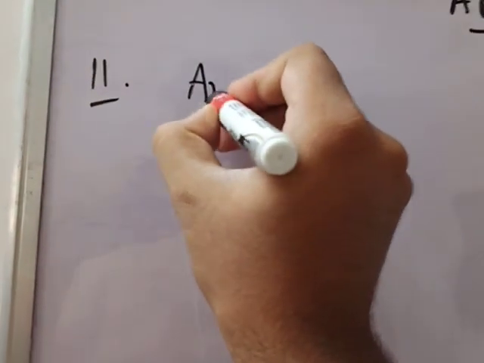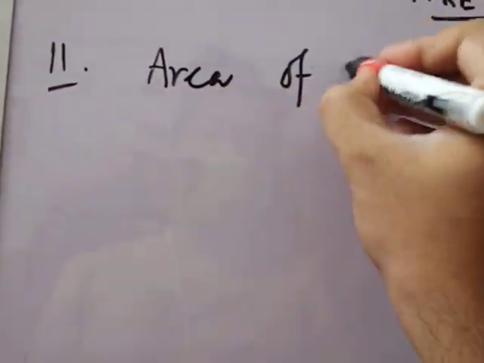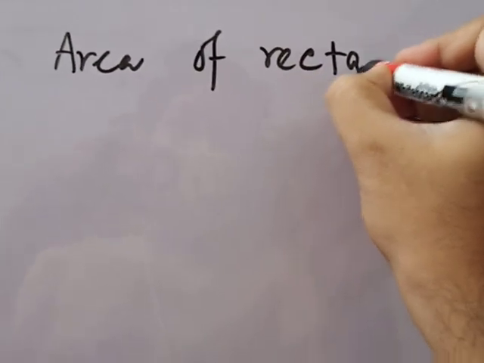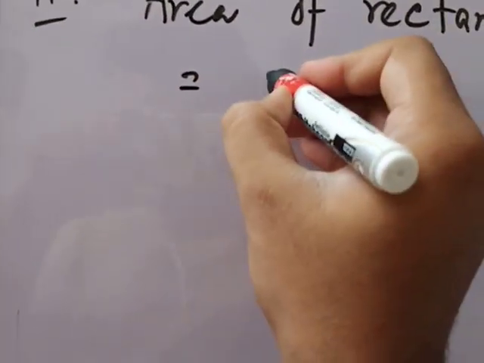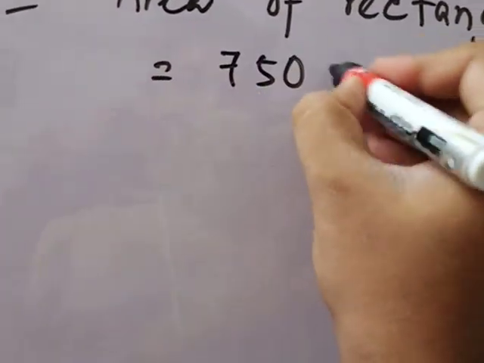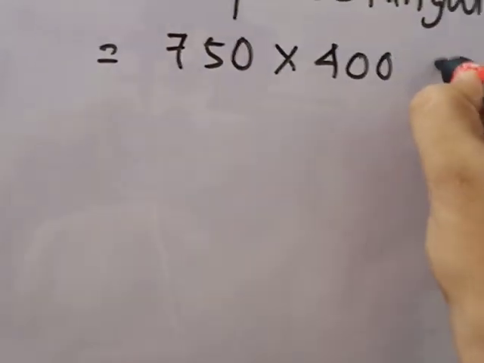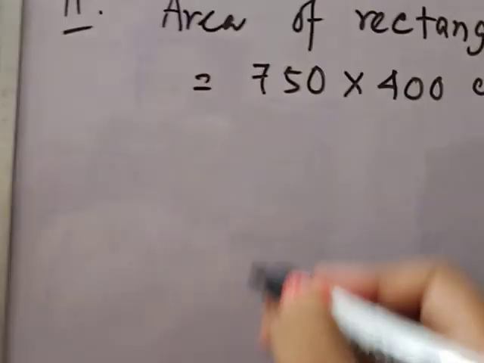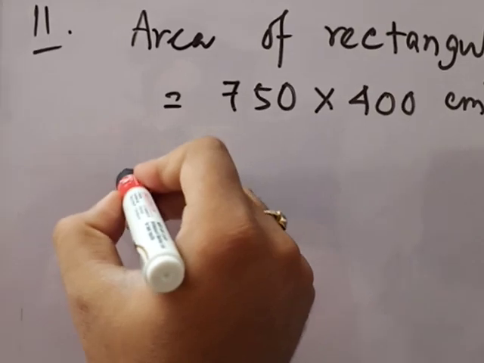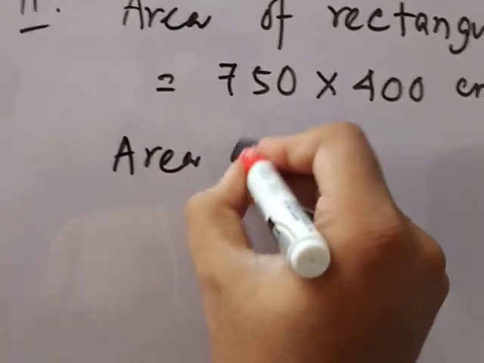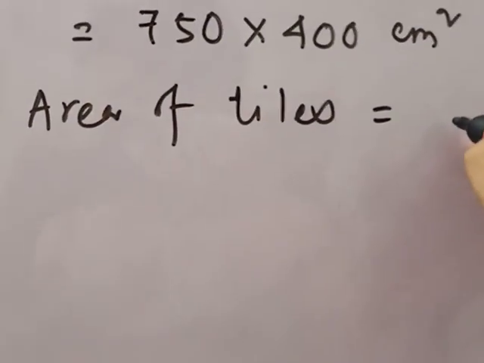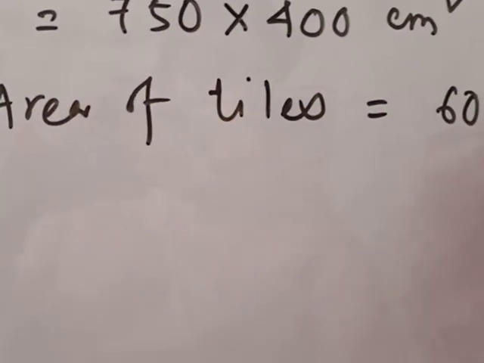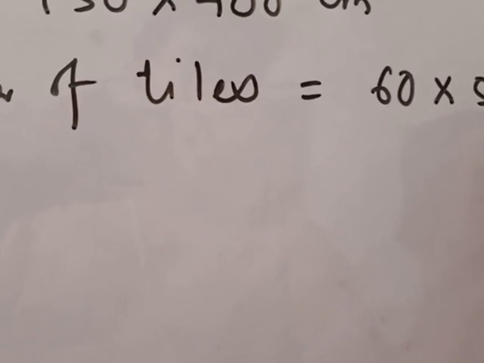So area of the rectangular room equals 750 into 400 centimeter square, and area of tiles equals 60 into 50 centimeter square.